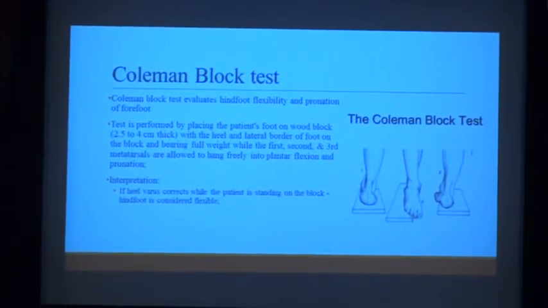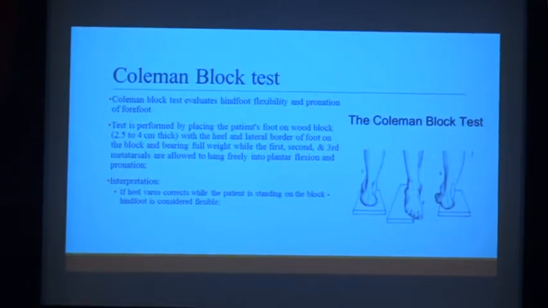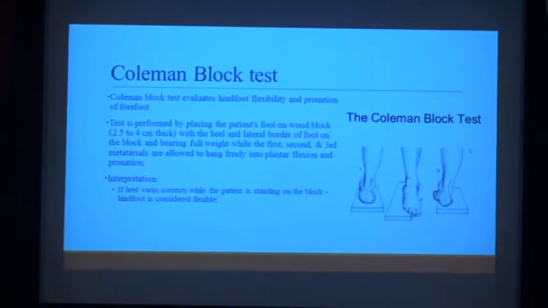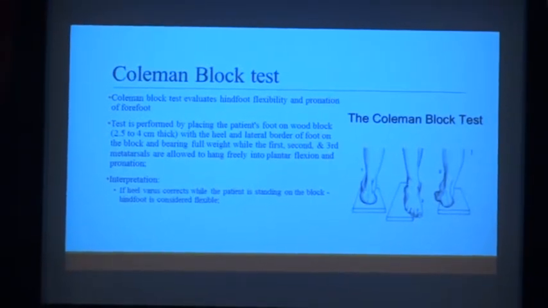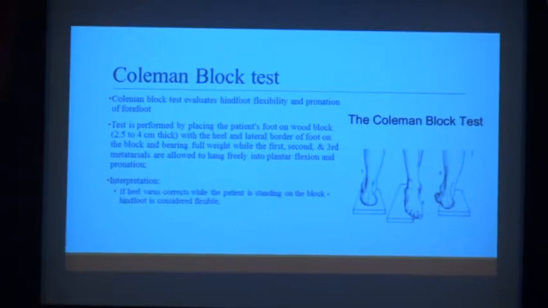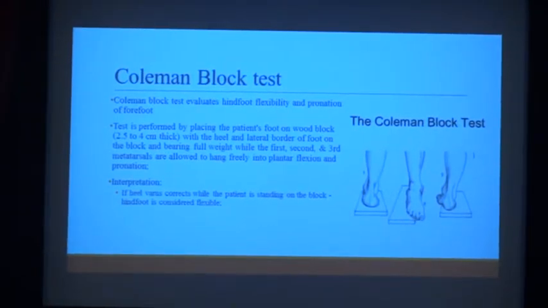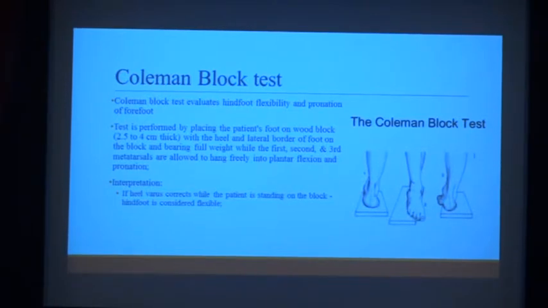So in the Coleman test, you will put the medial part of the foot on a block, allowing the first and the second ray to go into plantar flexion. If the varus corrects, which means that the calcaneum is flexible, or the hindfoot is flexible, and you can probably correct the cavus only by working on the forefoot.